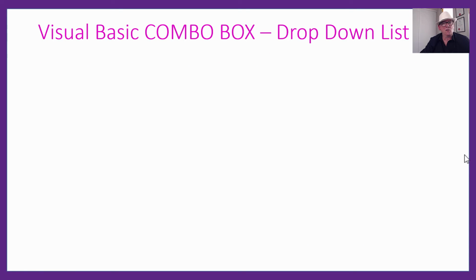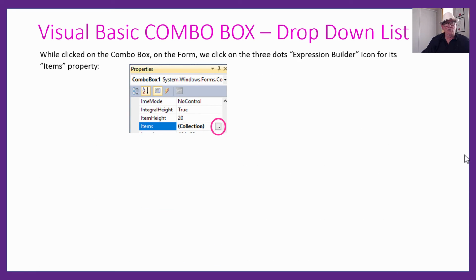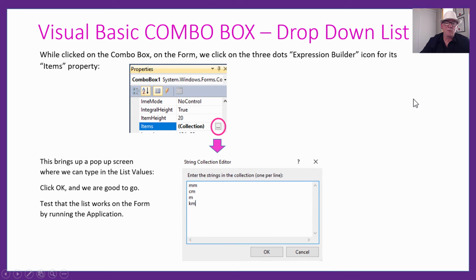Now, we did combo box drop-down lists in our case lesson, which was the previous one before this. If you haven't done that lesson, or you've forgotten it, remember, once you've got the combo box dragged out onto your form, go to its properties, and there's a property called items, and you click on the triple dots, and that opens up the expression builder where you can put the things you want to have in that combo box.